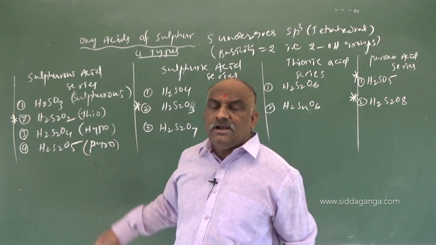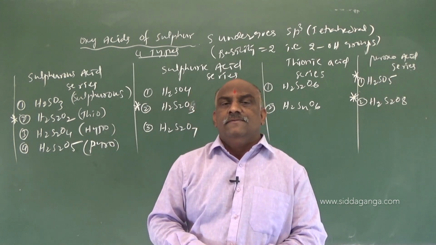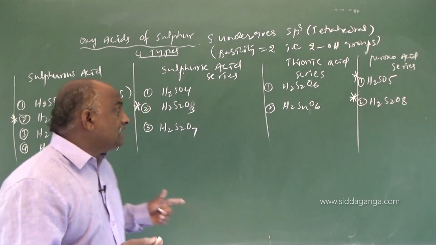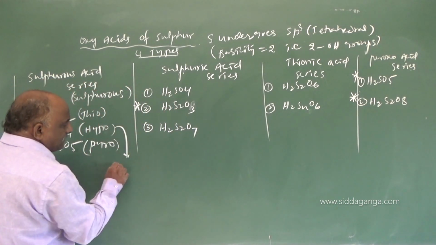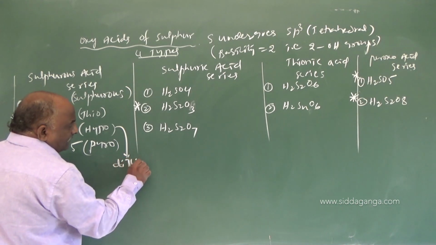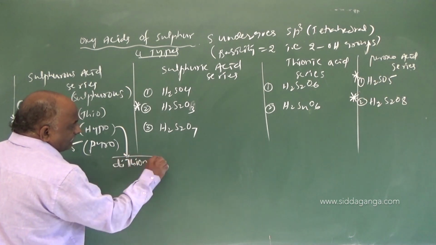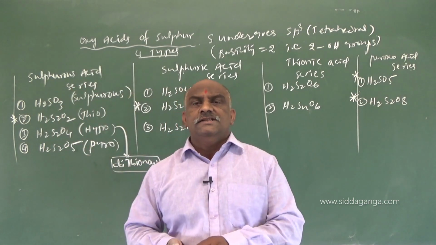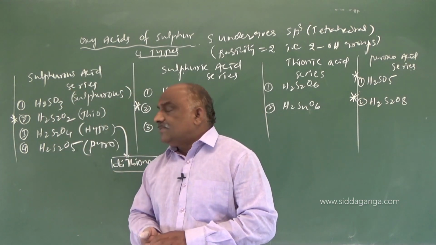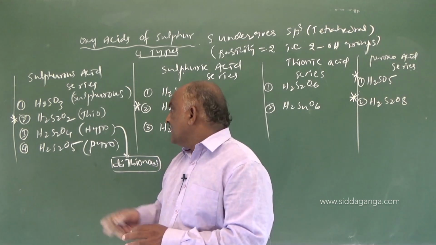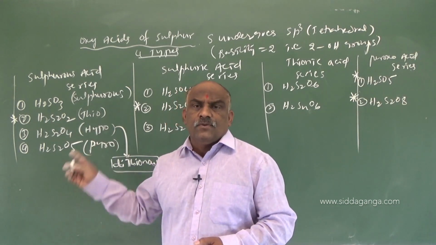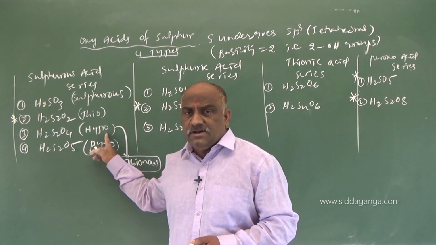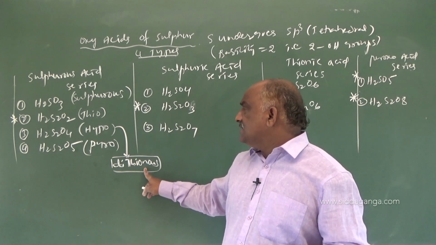Hyposulfurous acid is also called dithionous acid. So this is category 1.